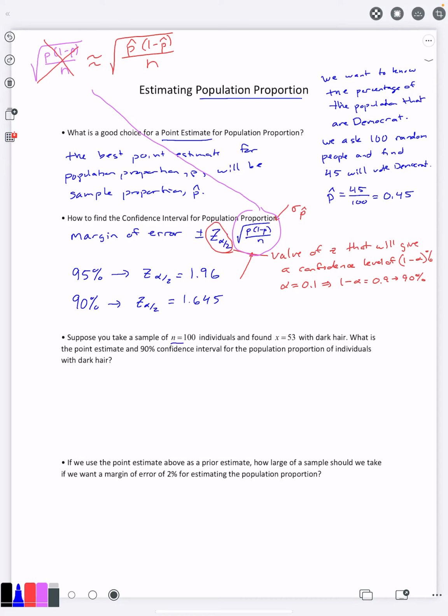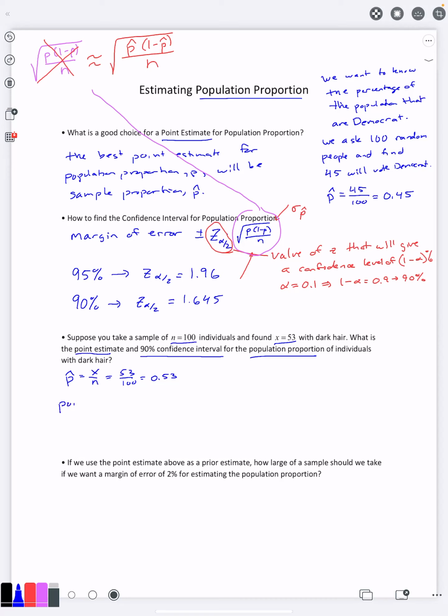It says we have N equals 100 people. We found 53 that had dark hair. I want to find the point estimate and the 95% confidence interval for the population proportion of individuals with dark hair. So if we say, okay, we know what our N is, we know our X, so my P hat is X over N. 53 over 100, that is 0.53.